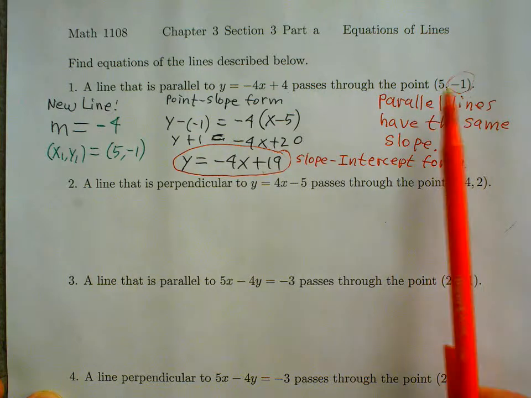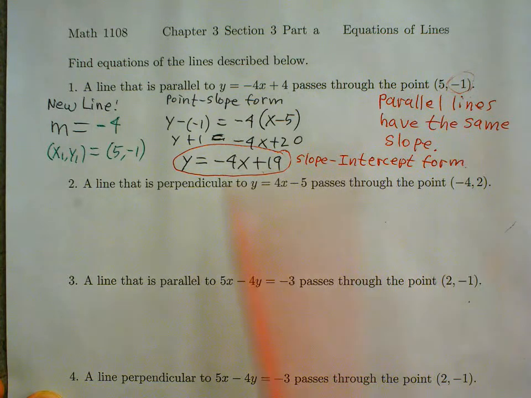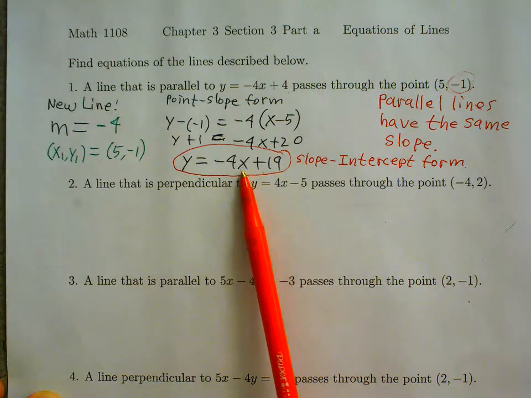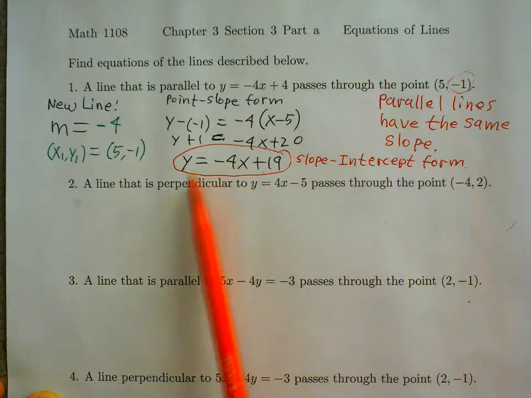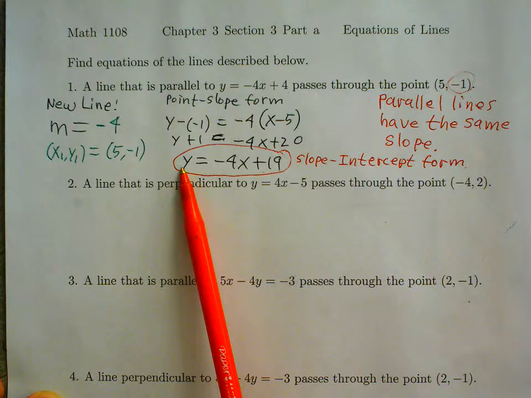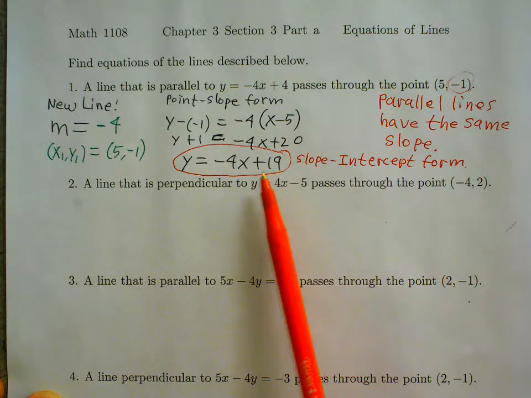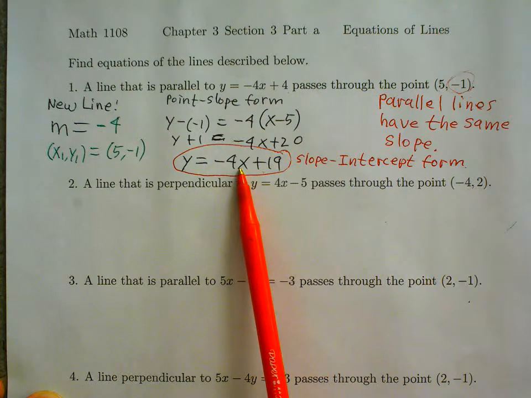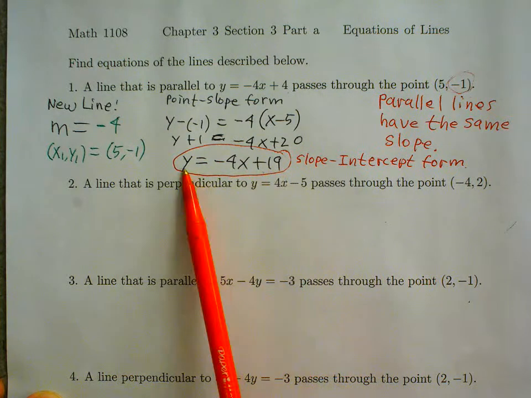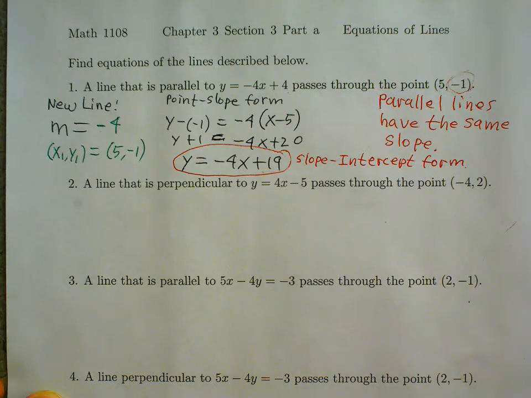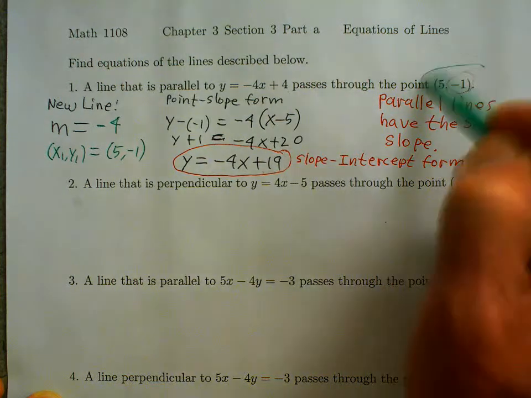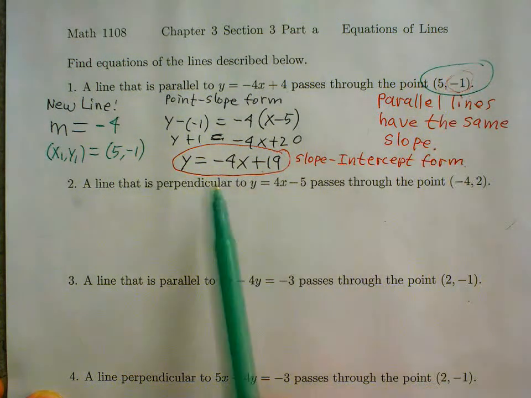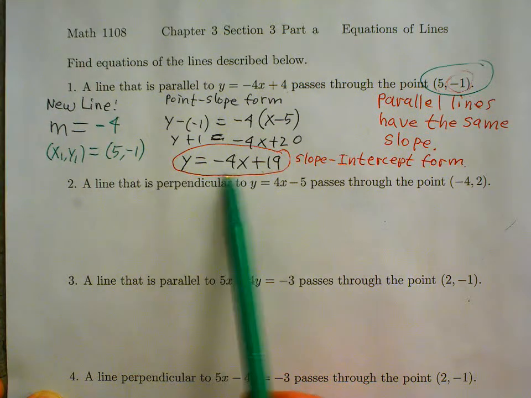You can verify that 5, -1 is a point on the line if in this equation you replace x with 5 and y with -1, you'll get a true statement. Because -4 times 5 is -20, and -20 plus 19 is -1. So that's a check. The ordered pair 5, -1 is a point on this line.